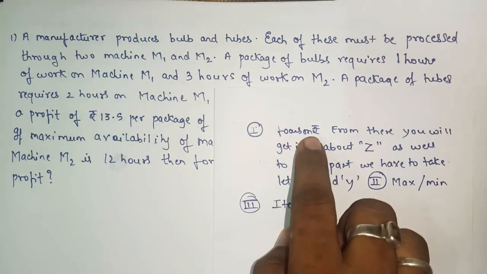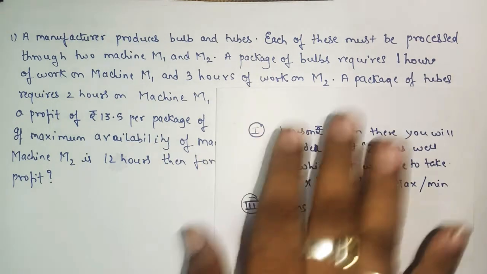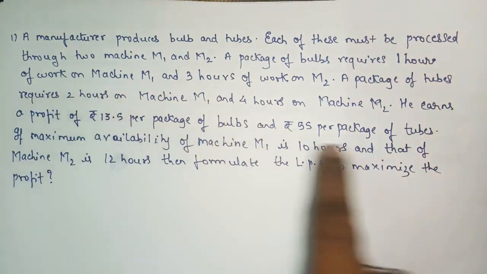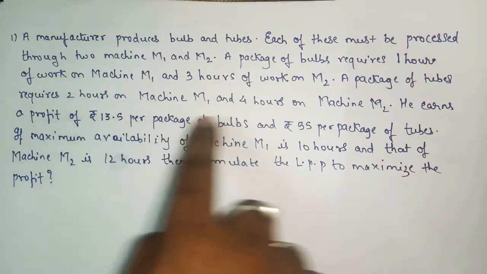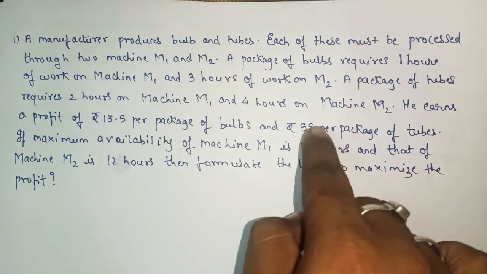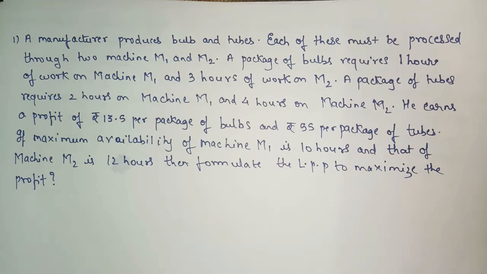Just simply focus on the rupees in the statement of the sum. Here we can clearly see where the rupees section is. This sentence, yes or no? Rupees 13.5 per package of bulb, 55 rupees per package of tube.